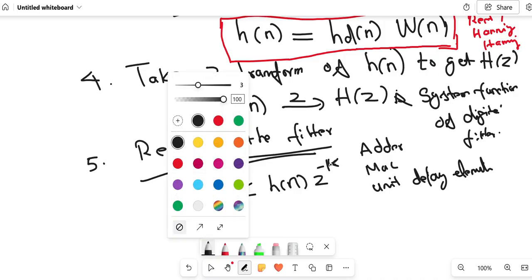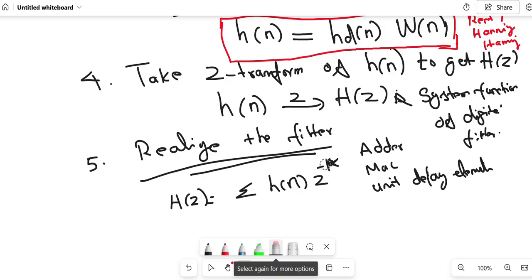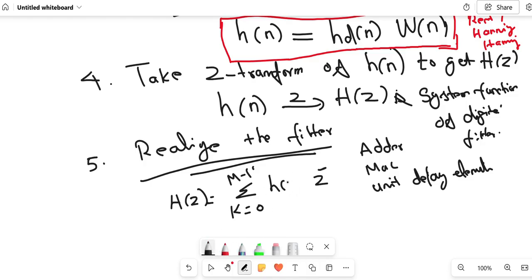Otherwise, in terms of k, if you take the variable k equal to 0 to M minus 1, then this term will be h of k into z power minus k. Realize the filter, which is a digital filter.